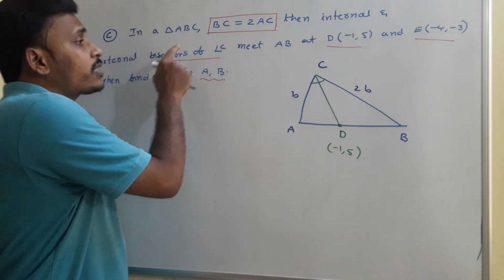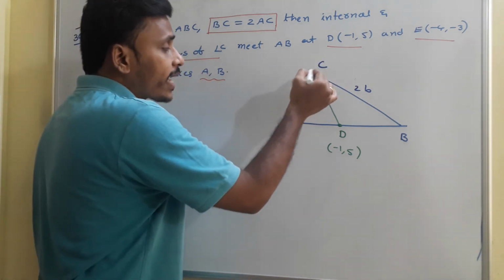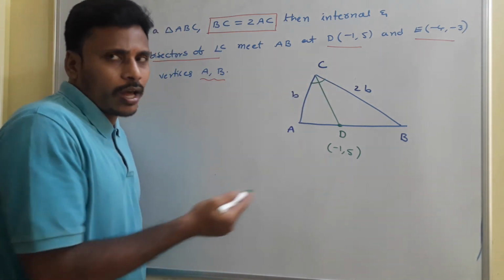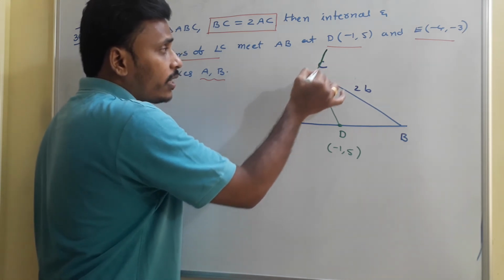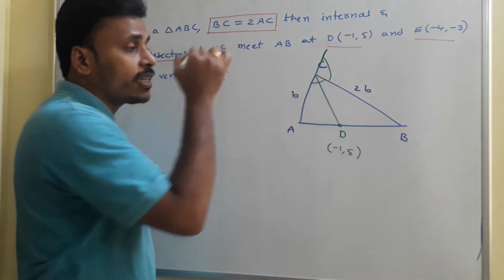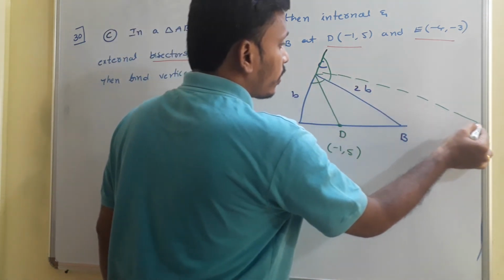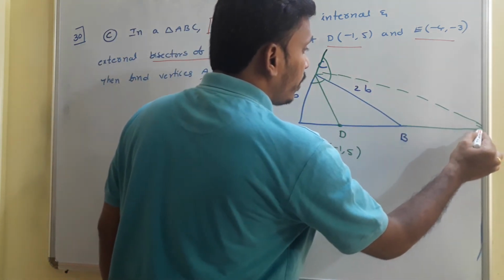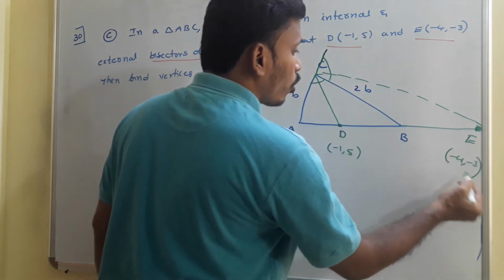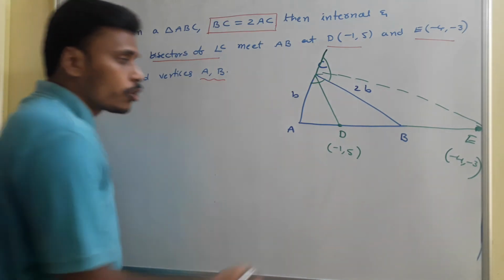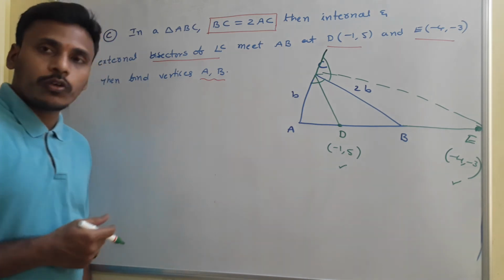See, the external bisector of angle C meets AB at E. So you need to locate the external bisector of angle C. We already discussed it in the theory. What is that external bisector? When you extend it here, you will get an angle, and that angle is considered the external angle. When you sketch its bisector, that bisector will meet AB at some point. You may call it E, whose coordinates are -4, -3. Okay. So D is given, E is given, A and B you need to calculate.